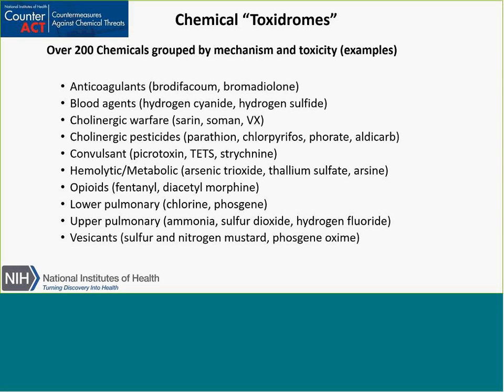These toxidromes include anticoagulants, like brodifacoum; blood agents like hydrogen cyanide and sulfide; cholinergic warfare agents that we discussed; cholinergic pesticides like parathion, chlorpyrifos, phorate, and aldicarb; convulsants like picrotoxin, TETS, and strychnine; hemolytic and metabolic agents like arsenic trioxide, gallium sulfate, and arsine; opioids, the fentanyls, diacetylmorphine; lower pulmonary agents like chlorine and phosgene; upper pulmonary agents like ammonia and sulfur dioxide; and finally the vesicants like sulfur mustard and phosgene oxime.